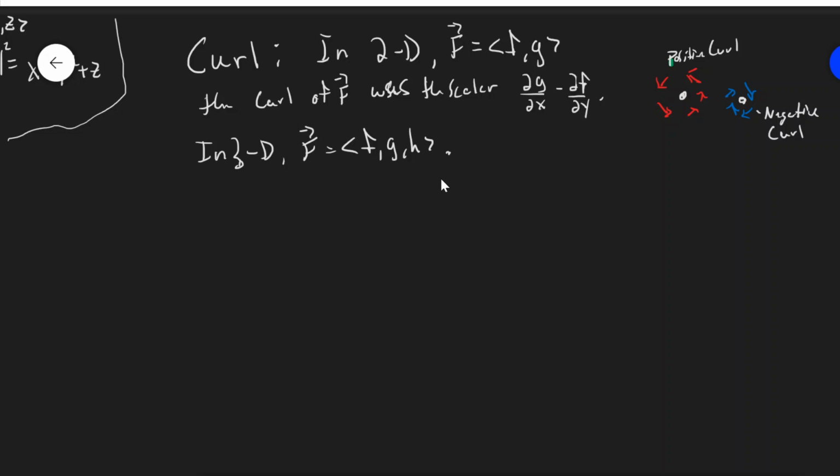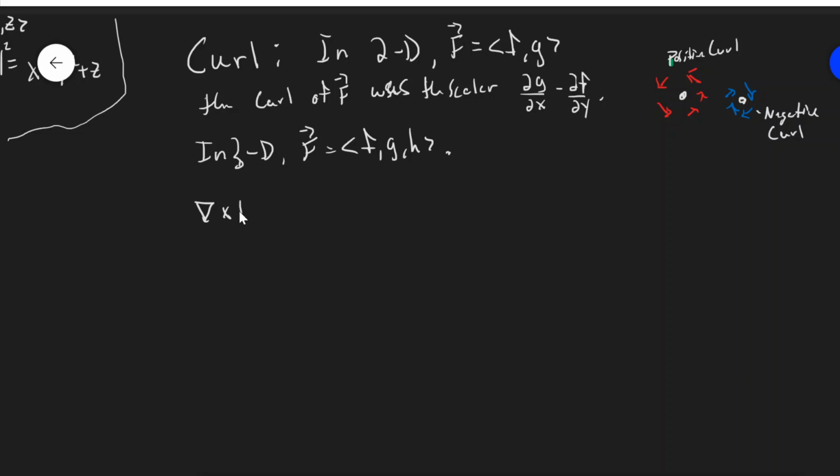And I mentioned before, we used this notation of the del operator, del dot F gave the divergence. That was a scalar, because the dot product gives a scalar. Here, we can use the cross product of the del operator and my vector field F to give us the curl.